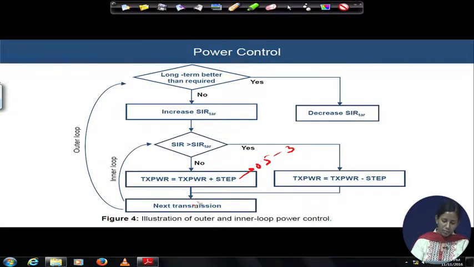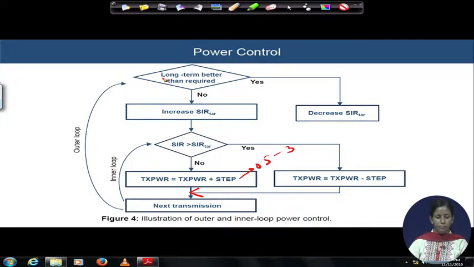And if it is yes, then you decrease the power in the same way, in steps. Once that part is done, the next transmission will be with the new transmit power, either decreased by a step or increased by a step. In the next transmission, you do the outer loop.